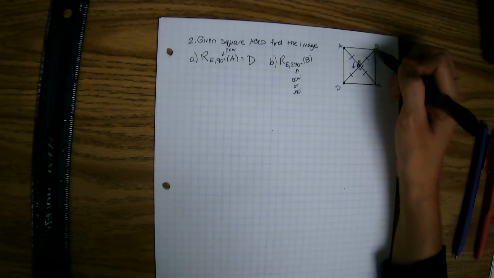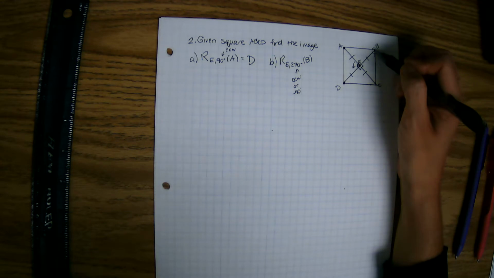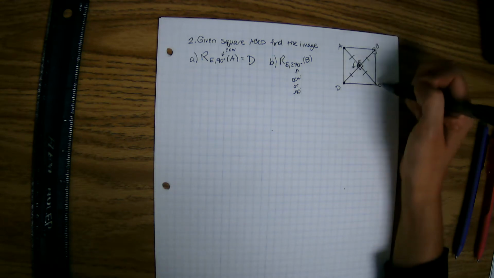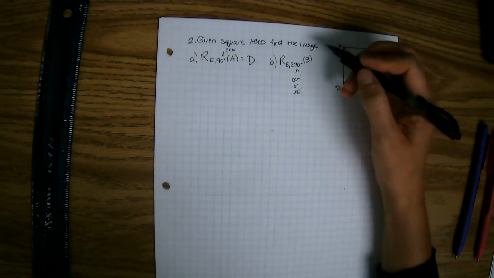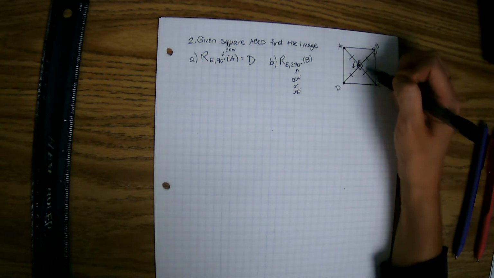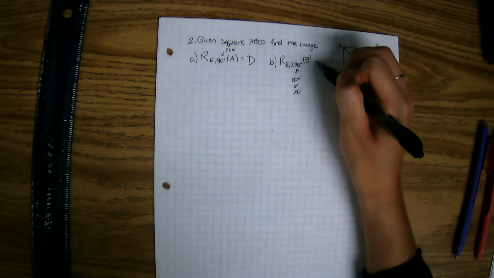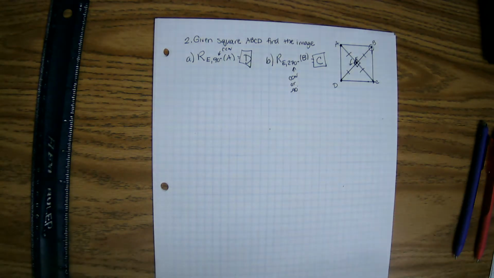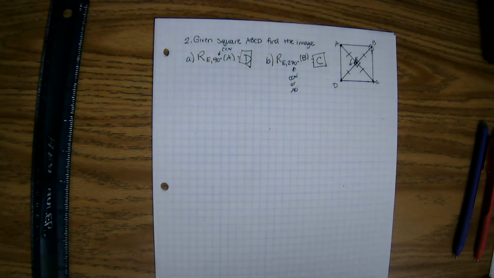All right, so we're looking at point B now, and we want to go 270 about point E. So we want to go counterclockwise. So here's 90 degrees counterclockwise once, twice, 3 times. So we end at C, or negative 90 would be going clockwise 90. So either direction you go, it would be C.